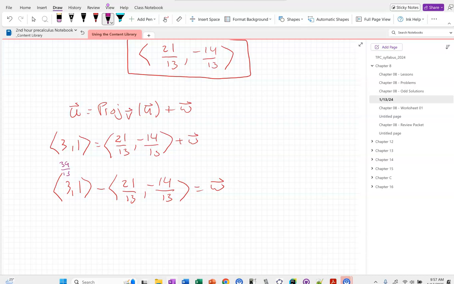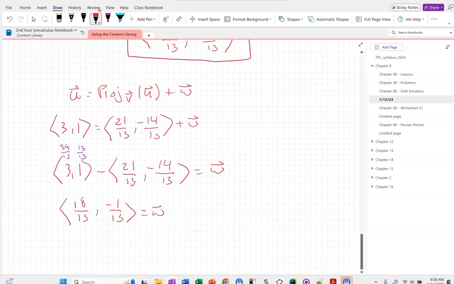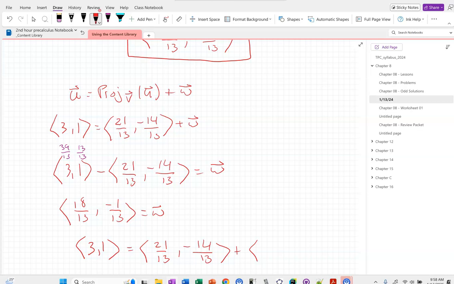So 3 is 39 over 13, and 1 is 13 over 13. So when I subtract this, I get 18 over 13, and then negative 1 over 13. That's my W. So now if I put it all together, I can say vector u is equal to my projection vector plus W.